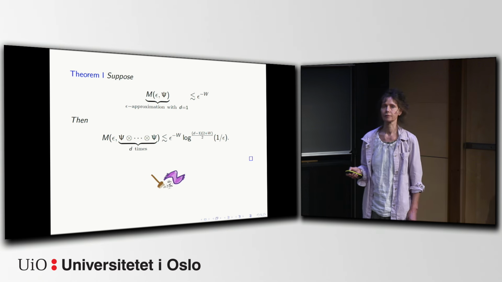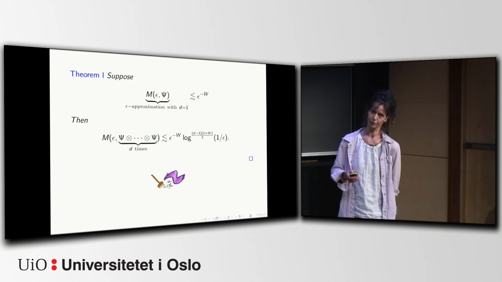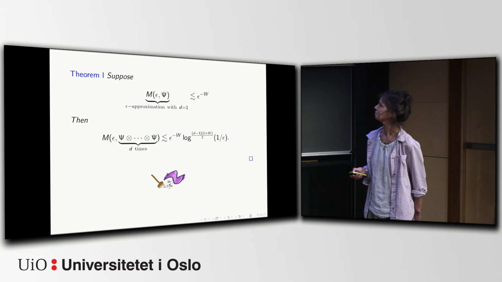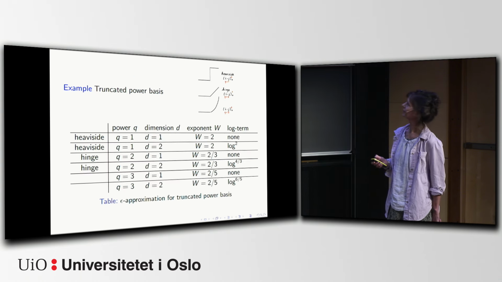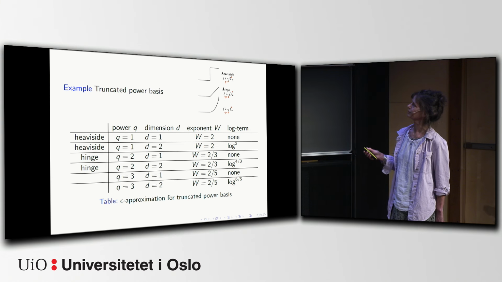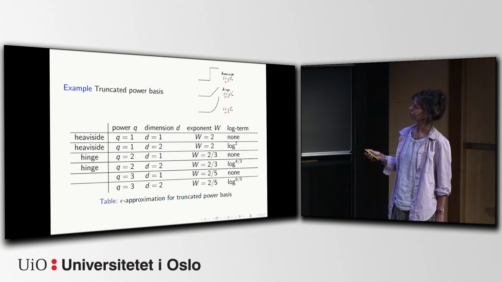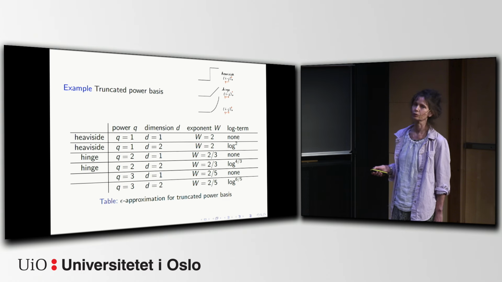Okay, so it's high time that we start chasing log terms because they start becoming interesting. But the important thing is that it doesn't matter, just to be sure. So if you have dimension 1 or 2, for Heaviside functions the exponent is still w, but there is a log term, and so on. So the exponent, the main term doesn't change, only the log term changes if you go to higher dimensions.